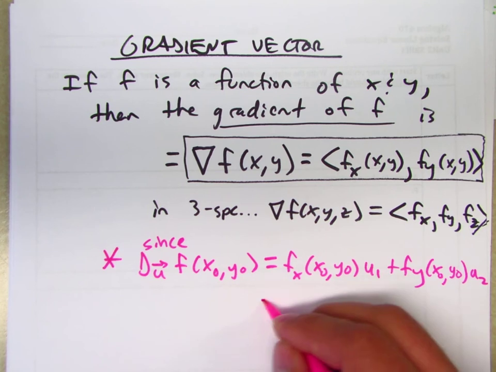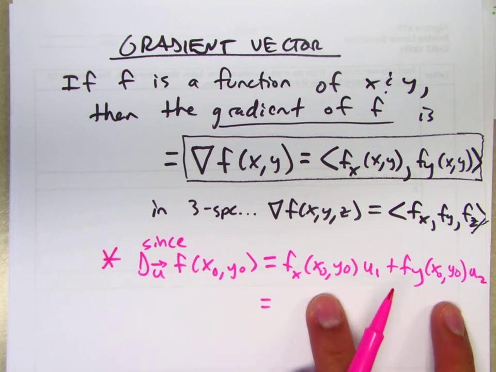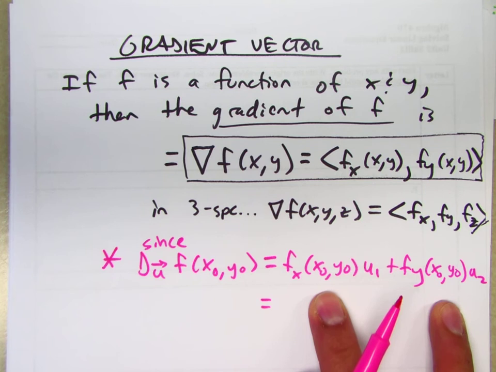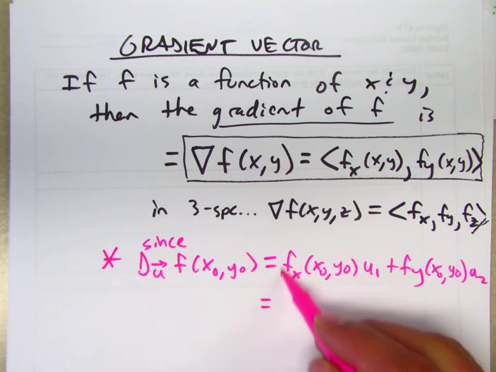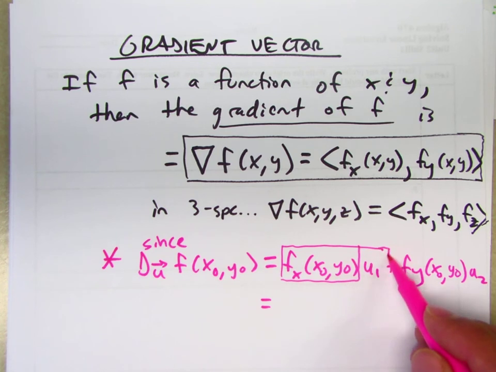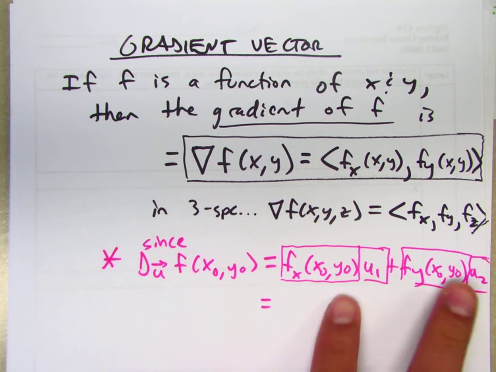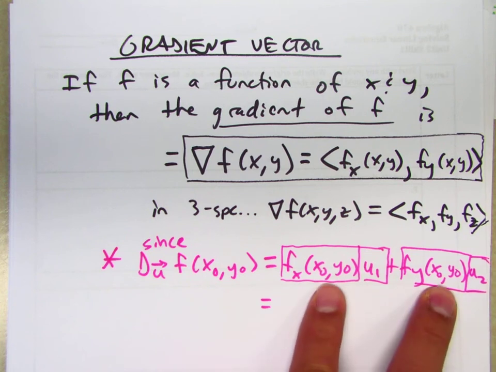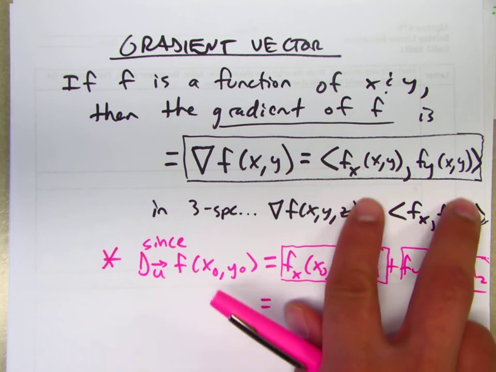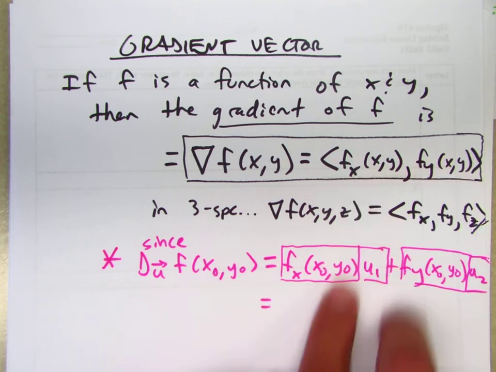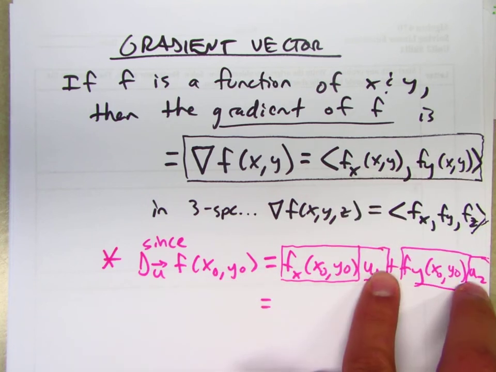okay, I hope you see that this looks suspiciously like a dot product, right? If we highlight it this way, you can see that we have 2 vectors that were dotted. The first vector would be partial x comma partial y. Lo and behold, that is this one up here. The second vector is just u1 and u2, so that would just be your unit vector u, right?